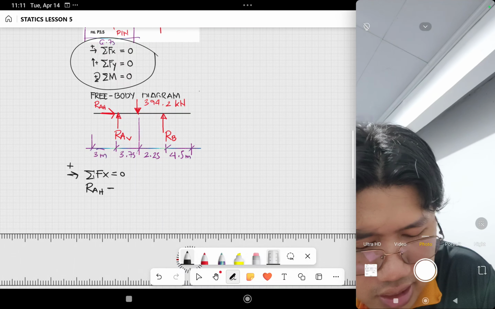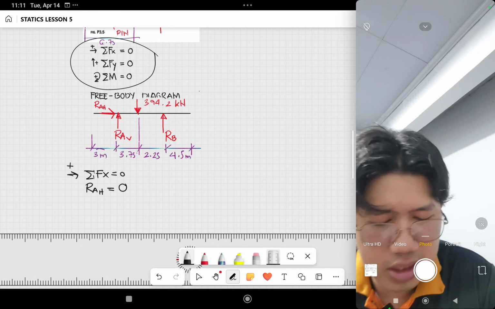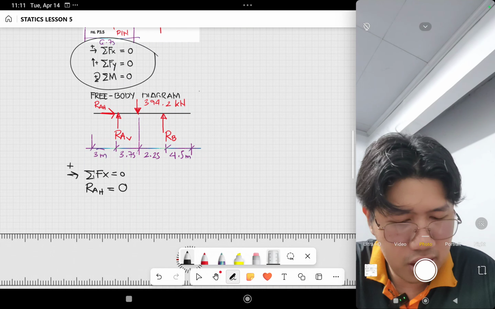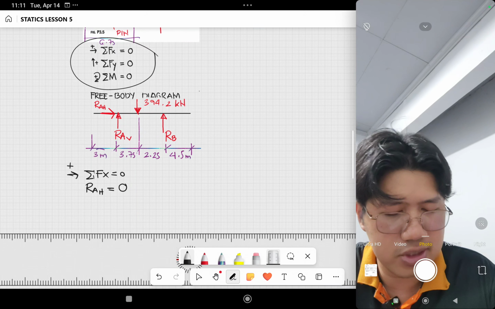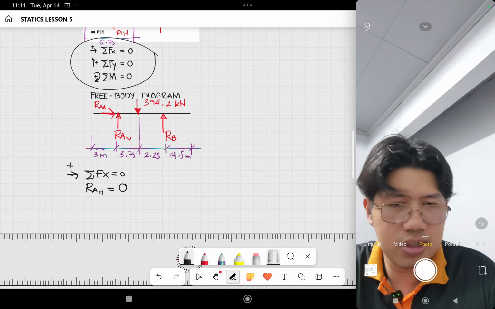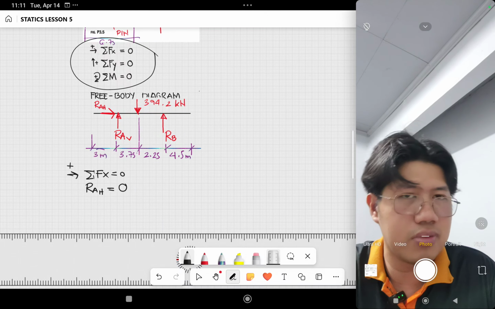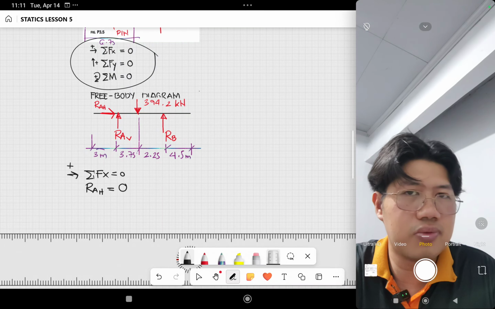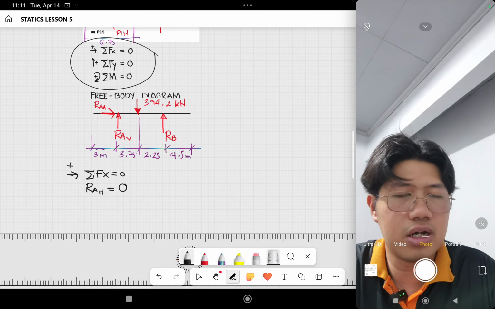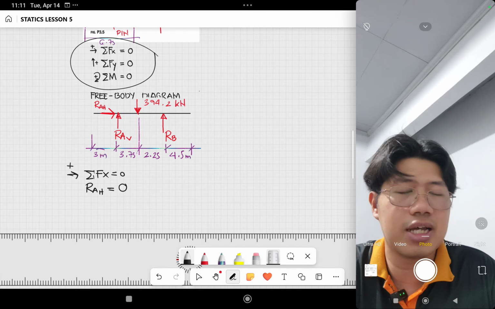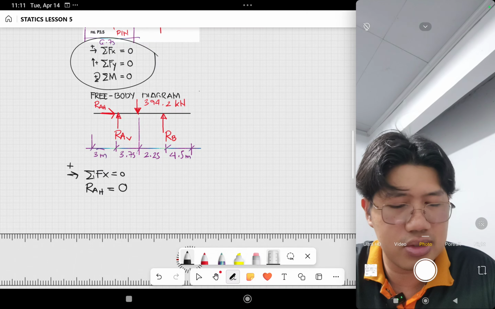So, since wala na, mag-isa lang siya, we equate RAH to be equal to 0. Ibig sabihin, there is no horizontal reaction since wala namang horizontal force na nag-exert na na-apply sa ating rigid body externally.